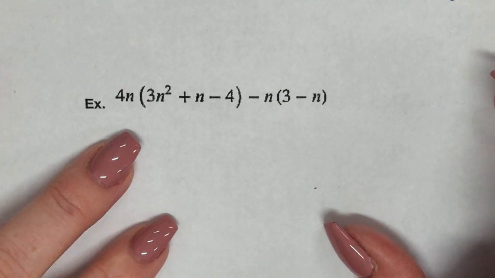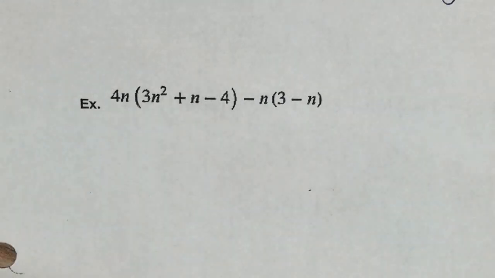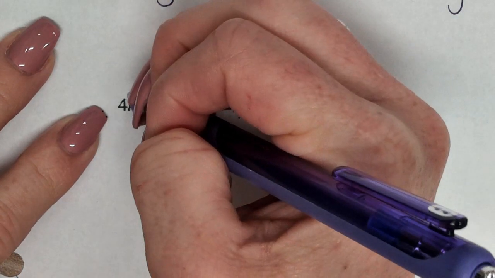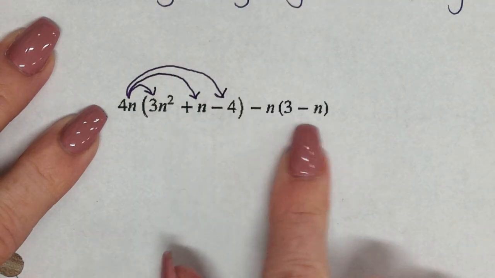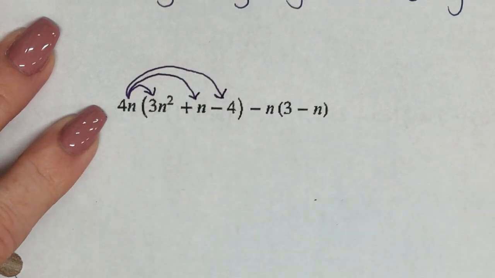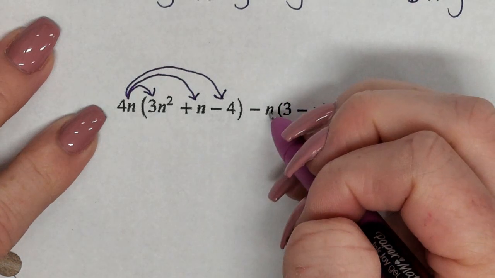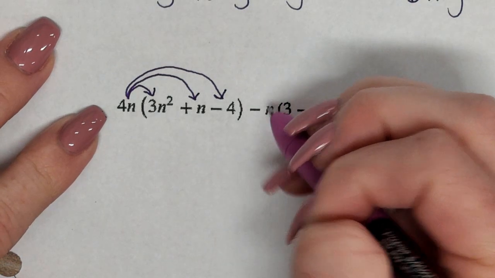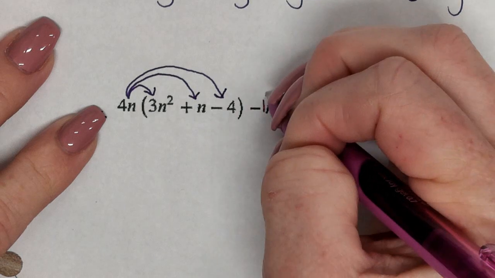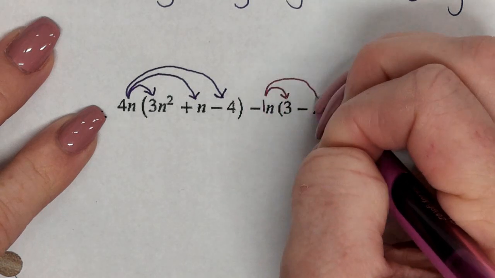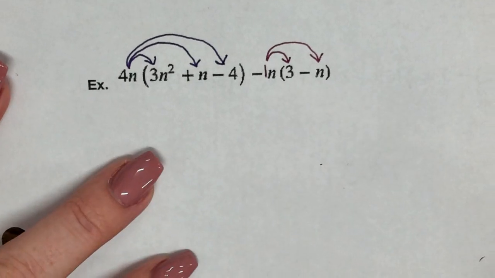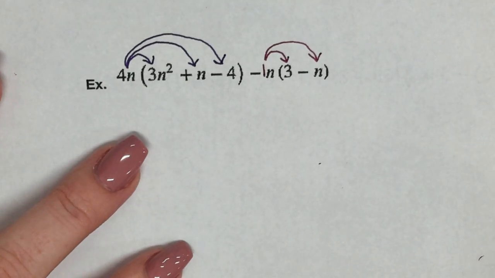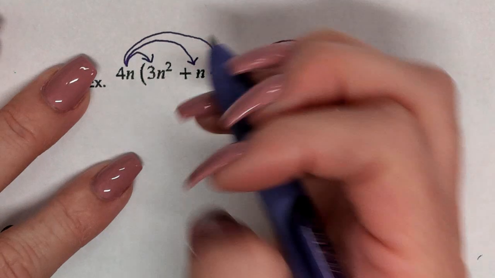All right, go to this one. This one has 2 parentheses, so you have to deal with 2 parentheses separately. So you're going to distribute the 4n to all 3 terms. And then here you're going to distribute this. Now, what is the coefficient to this minus n? Negative 1. So I'm going to distribute the negative 1 to both terms in the parentheses. Make sense? 4 times 3 is 12.